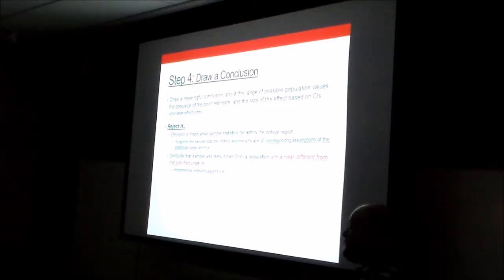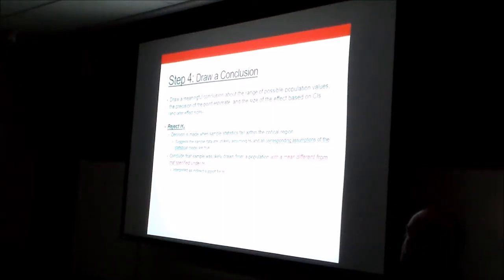Okay? A couple options. We can reject our null hypothesis. We're going to reject the null hypothesis when our sample statistic falls within our critical region, right? If our sample statistic is falling within the tails of the assumed distribution, that suggests the sample data are unlikely, assuming the null hypothesis and that all corresponding assumptions of the statistical model are true, right?